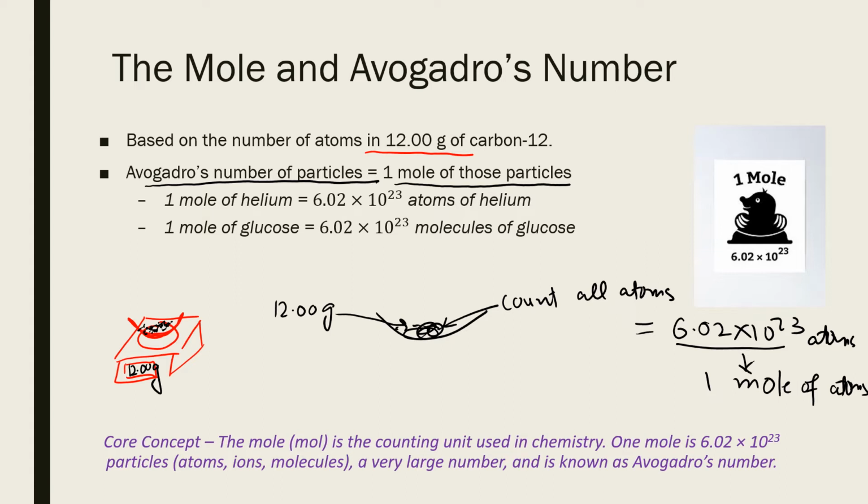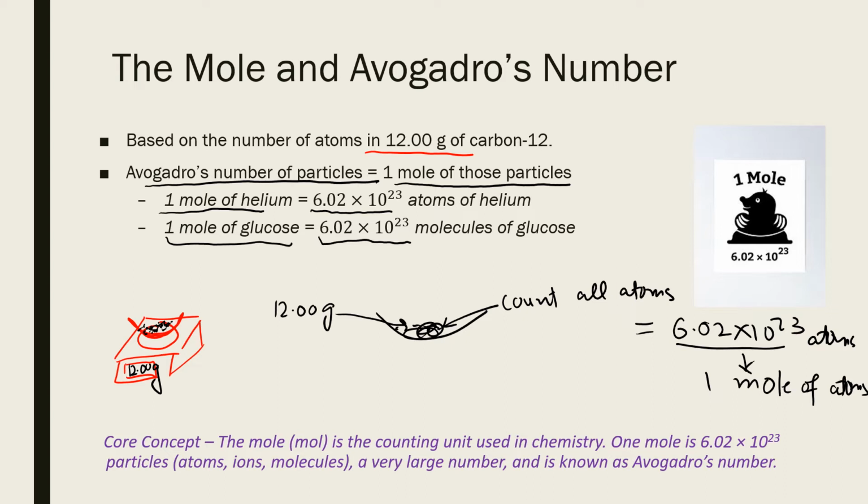Now we can extend this definition beyond carbon. For example, if I say I have 1 mole of helium, what I'm saying is I have 6.02 times 10 to the 23 atoms of helium. If I say I have 1 mole of glucose molecules, what I mean is that I have 6.02 times 10 to the 23 molecules. So 1 mole is like a dozen for chemists.